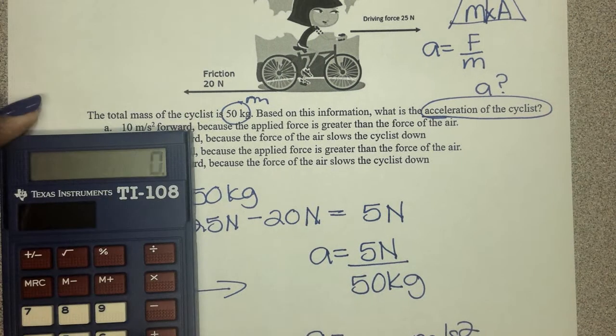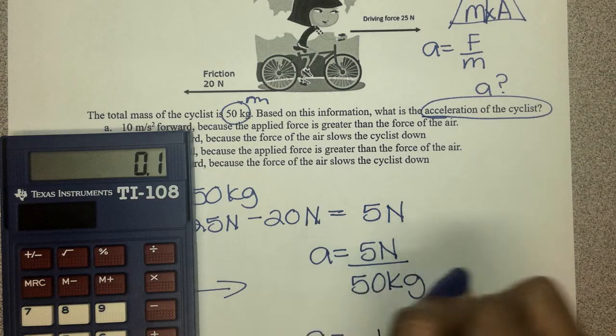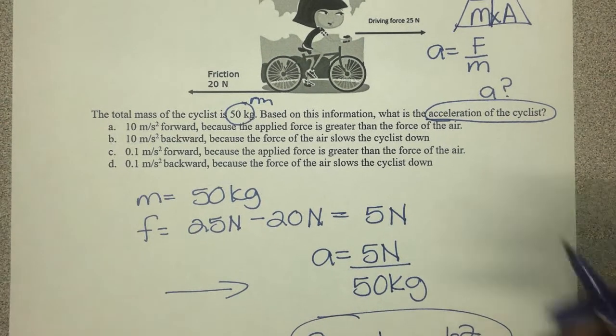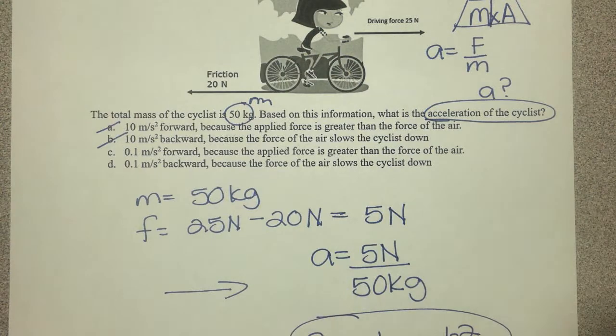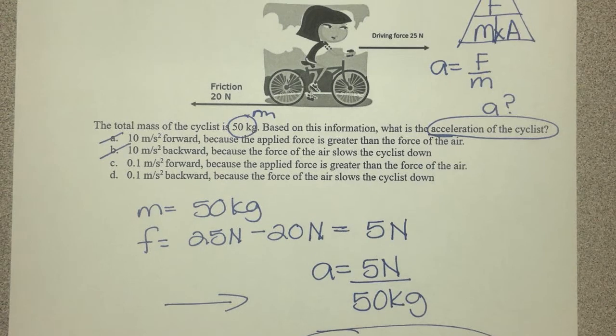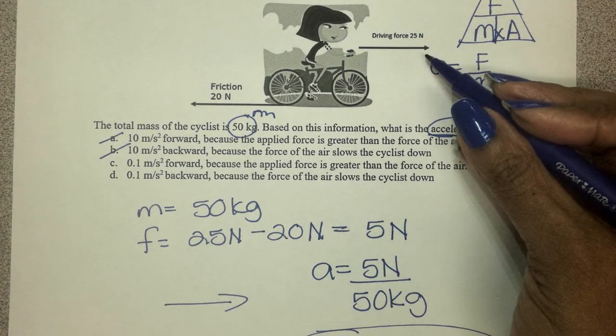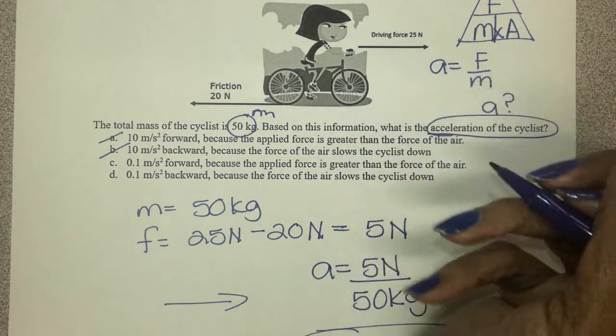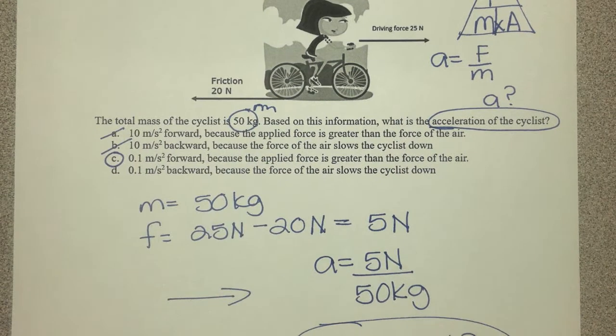So we're going to do 5 divided by 50. 0.10 is her acceleration. Okay, so we can X out A and B. Now, is she going to go backwards or forwards? Well, the right has the greater force. We already said that. So your answer here would be C.